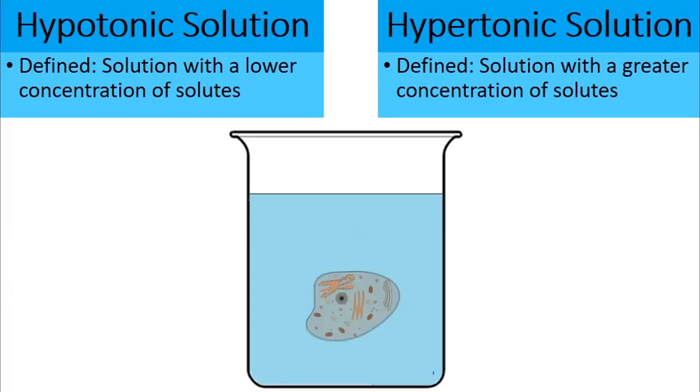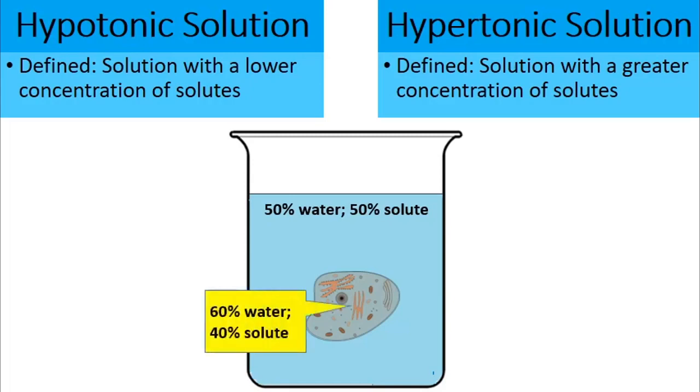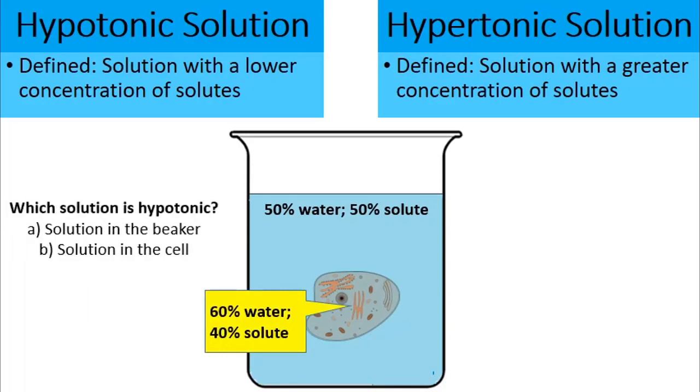Well, let's look at this situation right here. Let's change the concentration a little bit. Now pretend the solution in the beaker is 50% water, 50% solute. But the solution in the cell is still the same, 60% water, 40% solute. Which solution would be considered hypotonic?